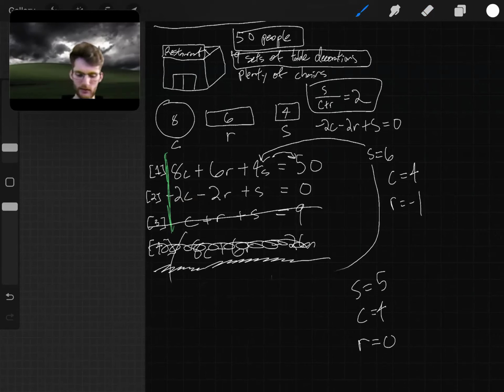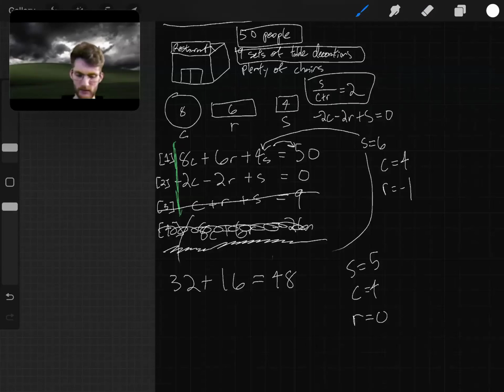Then let's look to equation 1. 8 times 4 equals 32 plus no rectangles plus 4 times that, so this equals 48.